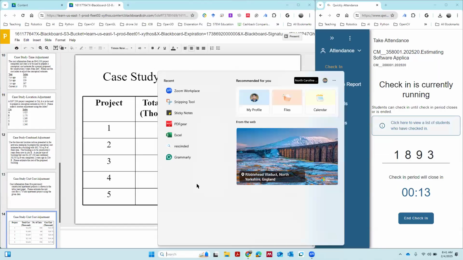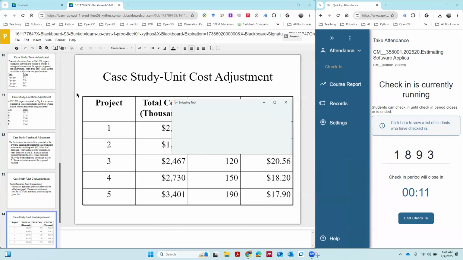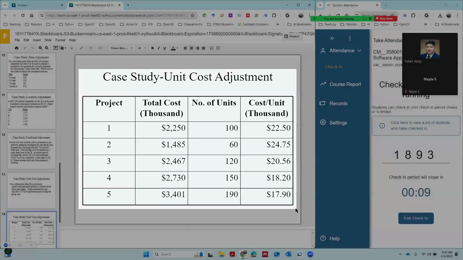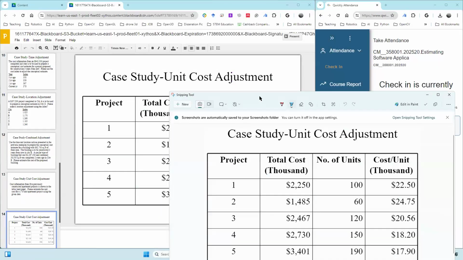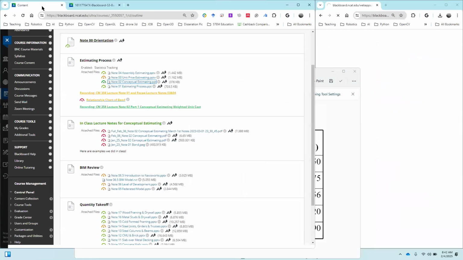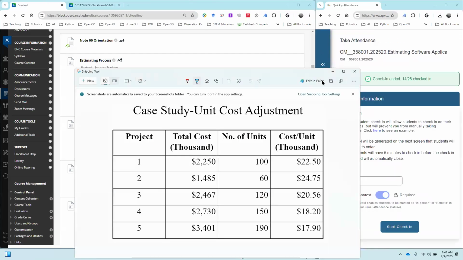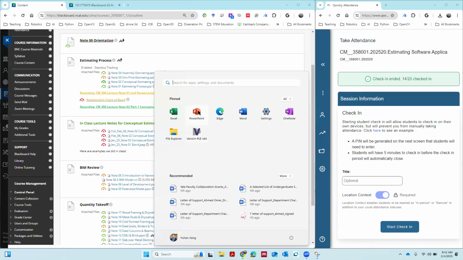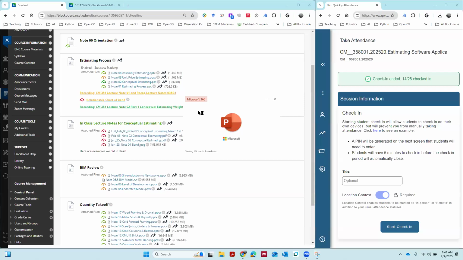Let me get a screenshot for this one. This is lecture notes 2. We will do lecture notes 2 in the following 2 weeks. We still have a lot of work to do with it.